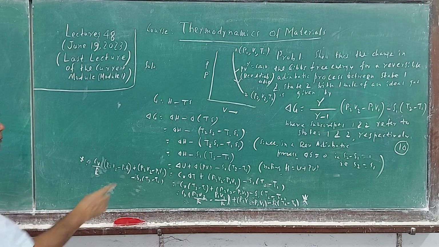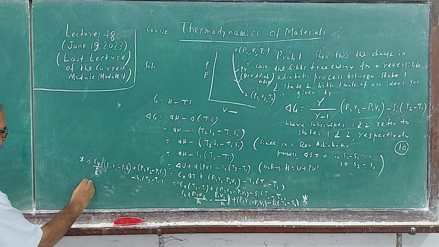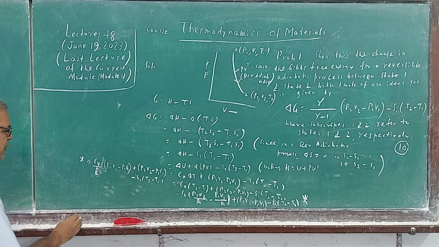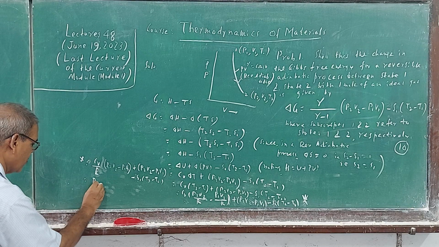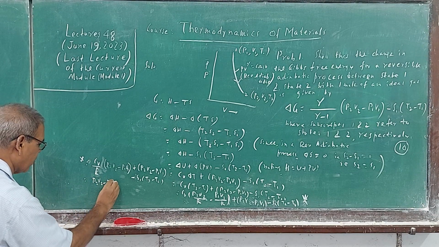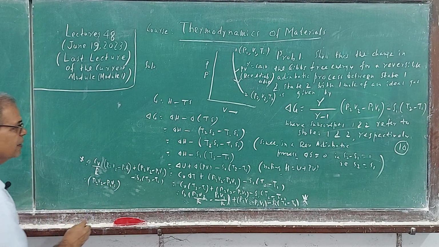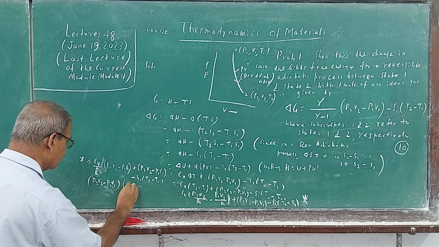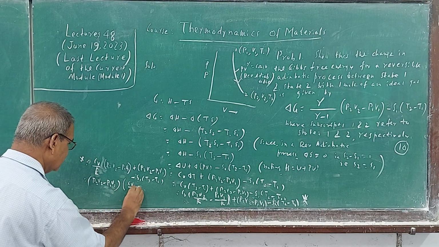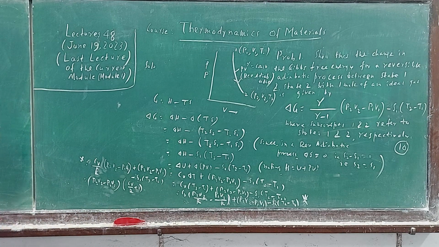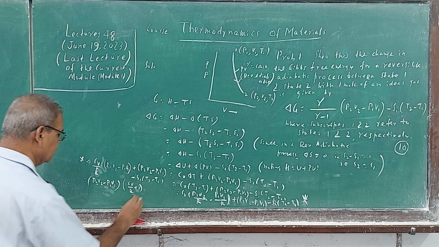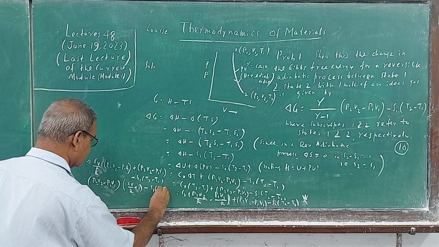So P2 V2 minus P1 V1 may be taken common. What is remaining there? If you take P2 V2 minus P1 V1 common, it is Cv by R plus 1, minus S1 (T2 minus T1).